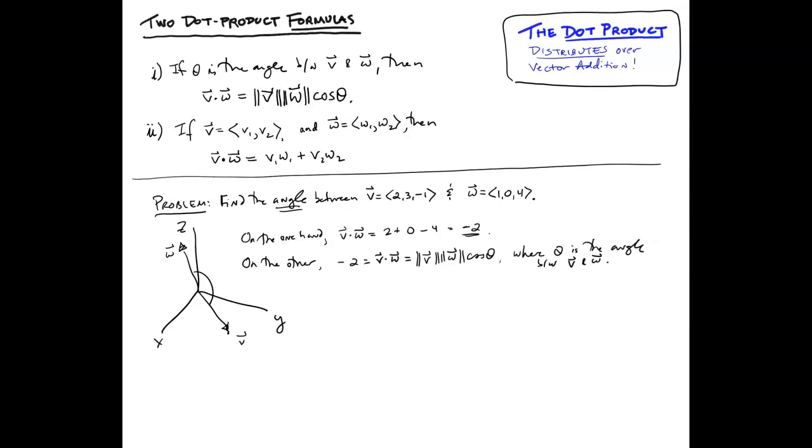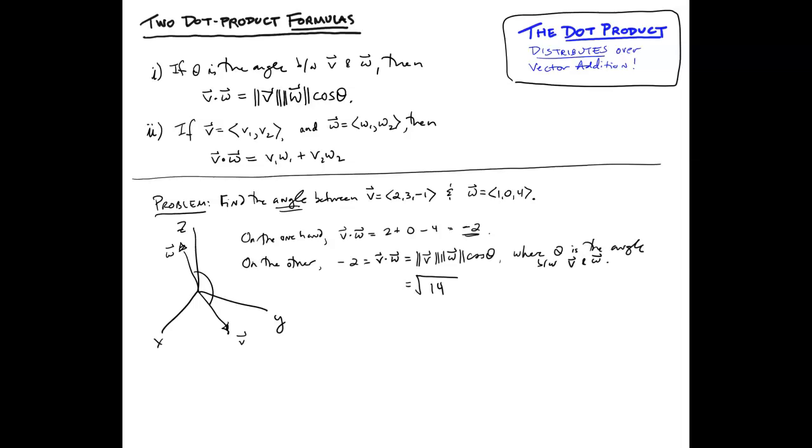Okay, let's see. What can we do here? Well, we can get the length of v because we found a formula for it in the previous video. The formula is going to be the square root of the sum of the squares of the components. That's going to be 4 plus 9 plus 1, which is the square root of 14.